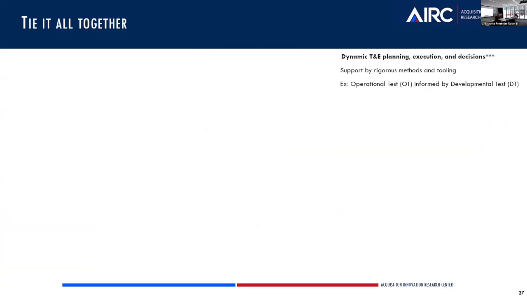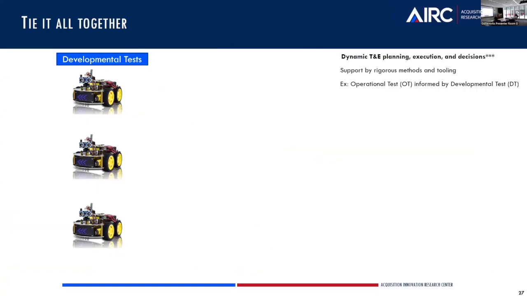Okay. All right. This is where I'm going to explain a little bit more detail what we're trying to do. Imagine you have a developmental system. This is maybe not quite to its final form yet. And let's just say you do 3 developmental tests. Now we talked about earlier where you might have different terrain or different environments.